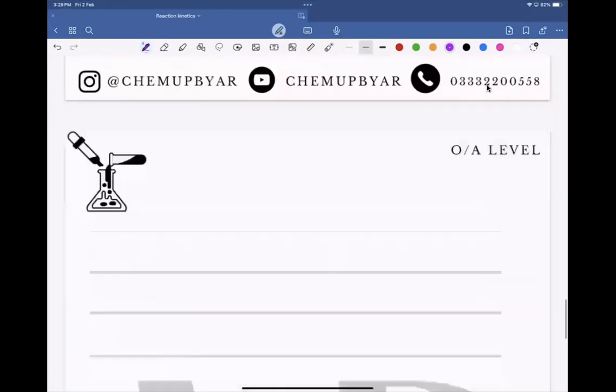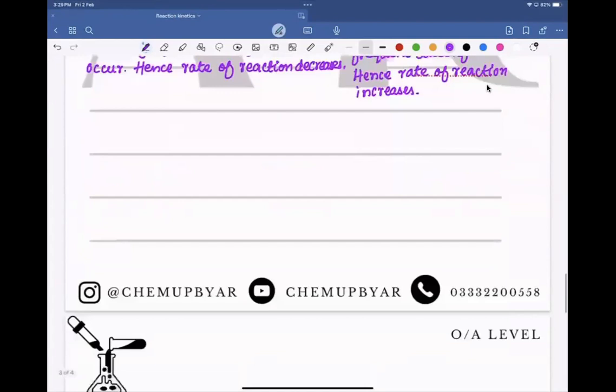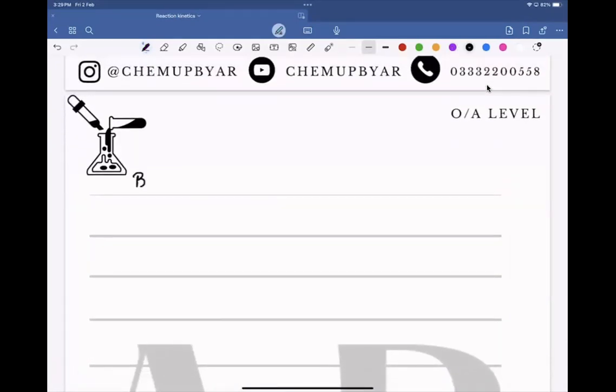Besides this, the next thing that we have to discuss in this chapter is the Boltzmann distribution. It is related to the distribution of the particles at any specific temperature.